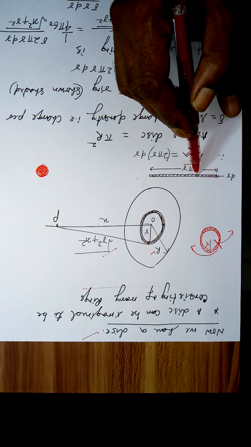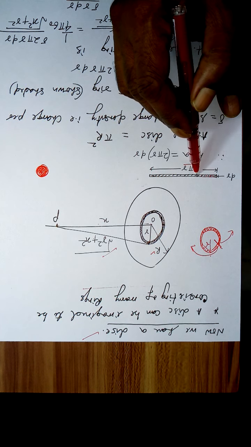Now the area of the whole disk is pi R square. We will not use this, we will use this. It is given that sigma is the surface charge density, that is, charge per unit area. Now the area of this ring is this much.